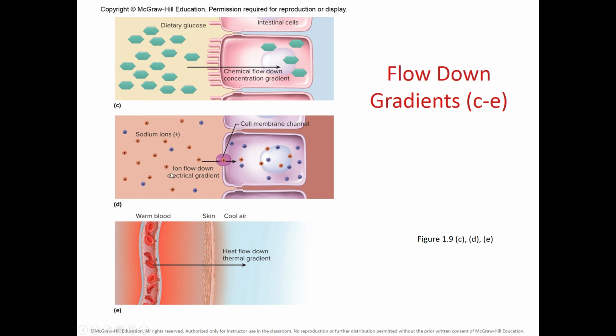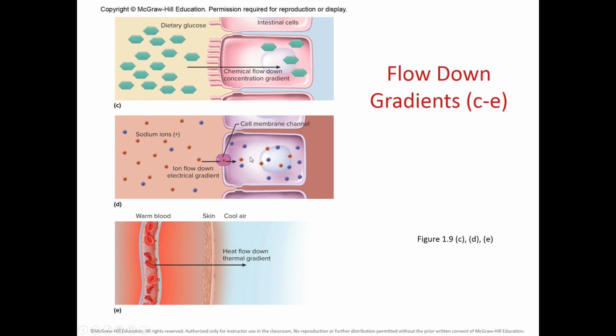In the case of sodium ions, the sodium ions, since they have a positive charge, will go into an area or a compartment that has negative charges because they will be attracted to these negative charges.